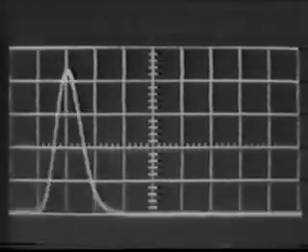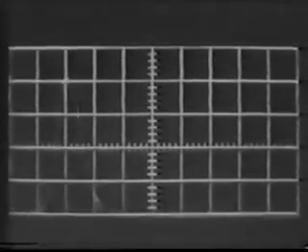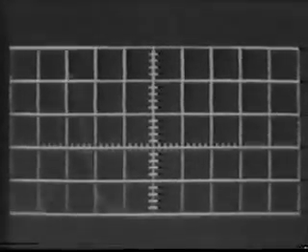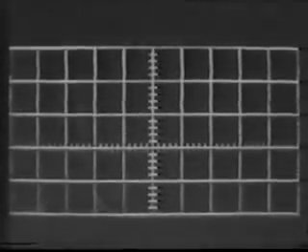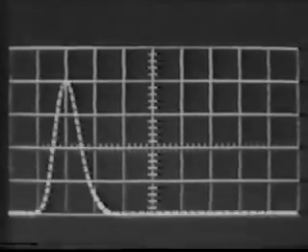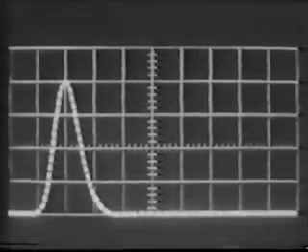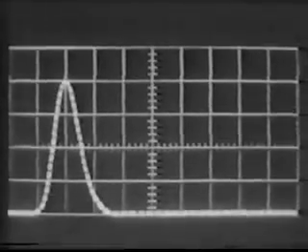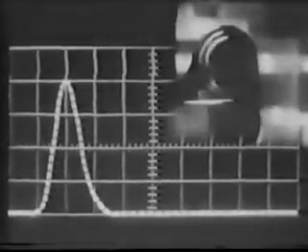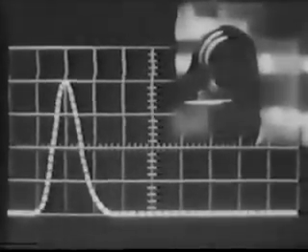This pulse is now averaging 4 units high. The slight variations in height are due to slight variations in light flash intensity. Let me trace over one of these pulses, which is exactly 4 units high. Now I'll cut the light intensity in half by covering one of these two holes through which the light passes.